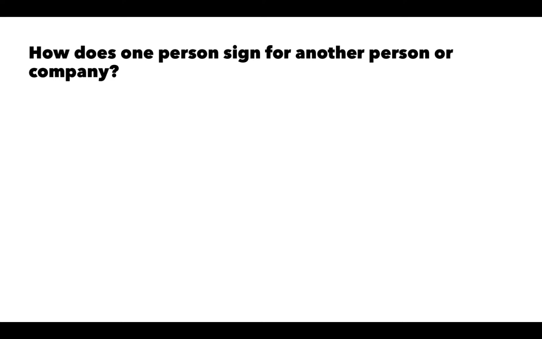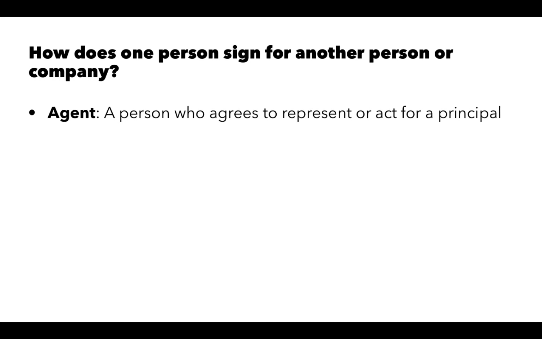How does one person sign for another person or company? Well, we need to revisit rules regarding principal and agency. An agent is a person who agrees to represent or act on the part of a principal.